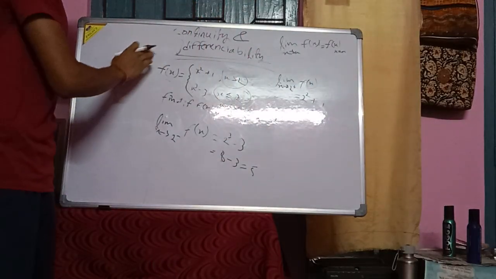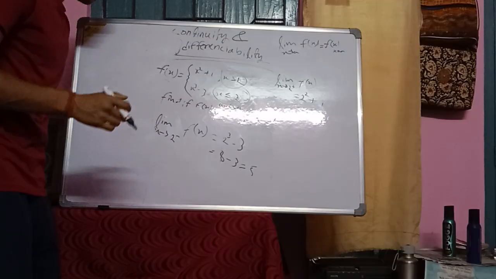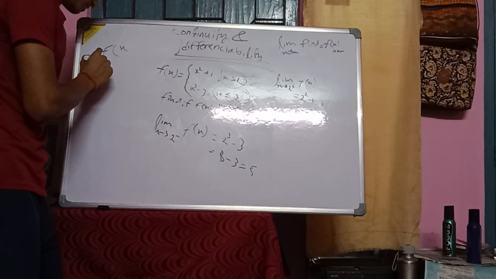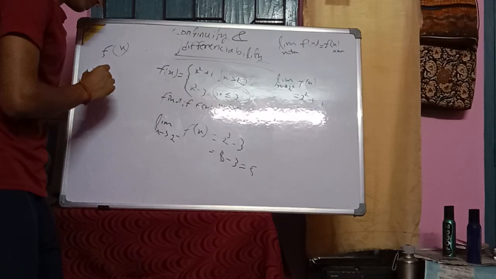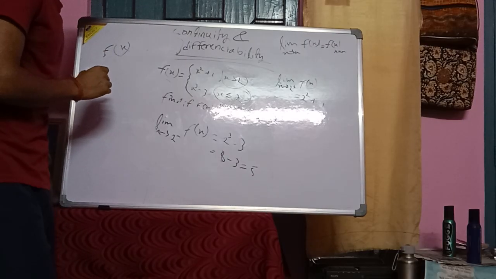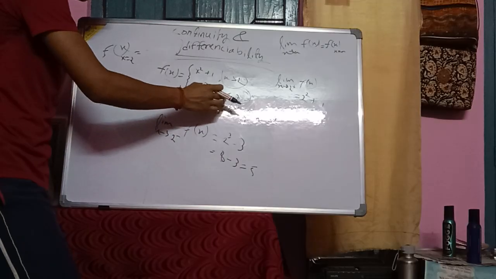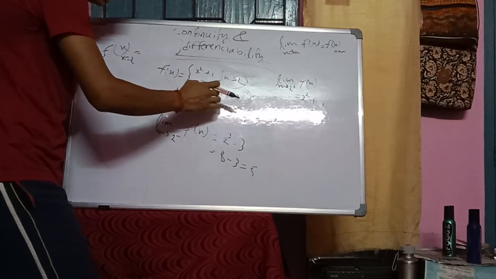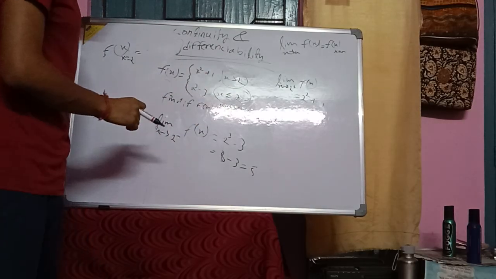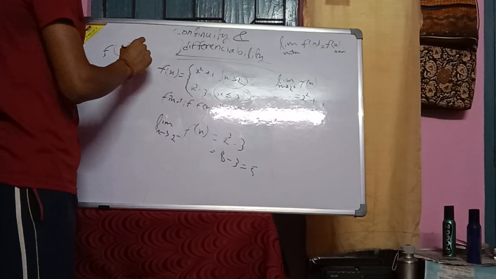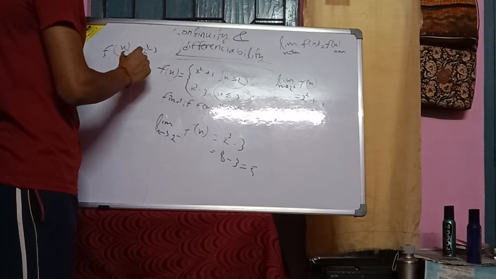Okay, we know that the limiting values are the same, that means the limit does exist. Now let's find out if the functional value is also the same. The functional value f of x at x equals 2 would satisfy this condition where x is less than or equal to 2. That means it would be x cubed minus 3. So it would be 2 cubed minus 3, that is 5.